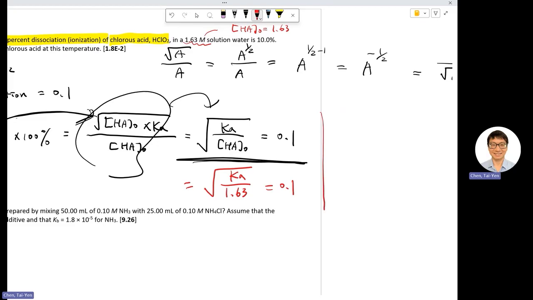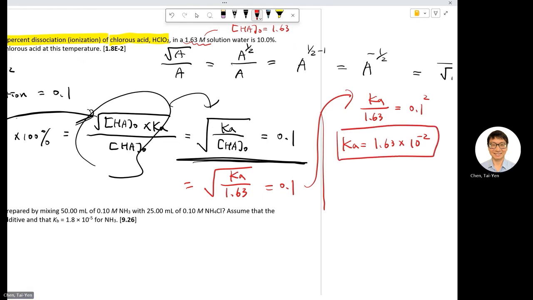What you do next is square both sides. So Ka over 1.63 equals 0.1 to the second power. Therefore, your Ka is going to equal 1.63 times 10 to the negative 2. And this is how you get the answer.